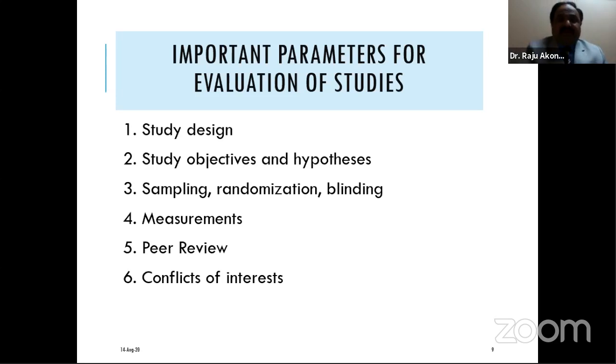And then you start evaluating each one of them based on the parameters which we are going to discuss now, right? After that evaluation, you will understand whether you need to believe this particular information or not. If you cannot believe it, or if you understand that this study was not done properly, then obviously you have to look for some other study. Okay.